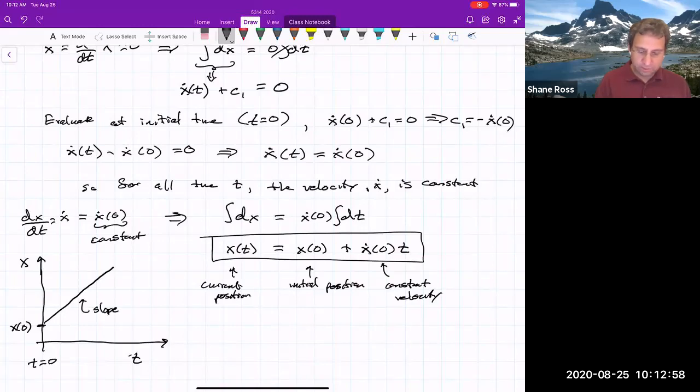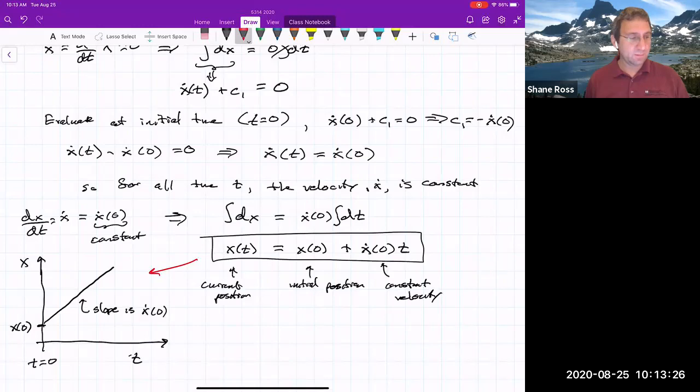The slope is x dot 0. So that's just graphing what this equation gives us, which is useful. It just tells us things are moving in space on a straight line with constant speed in the absence of any force.